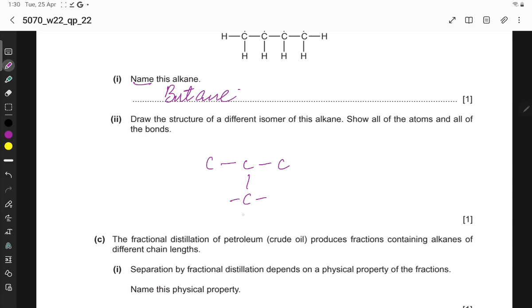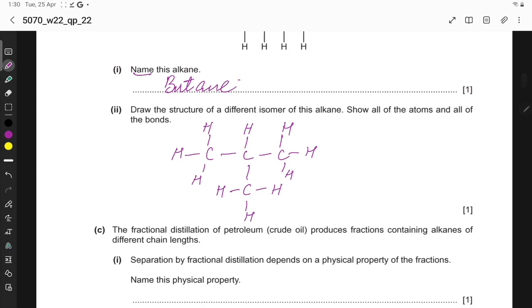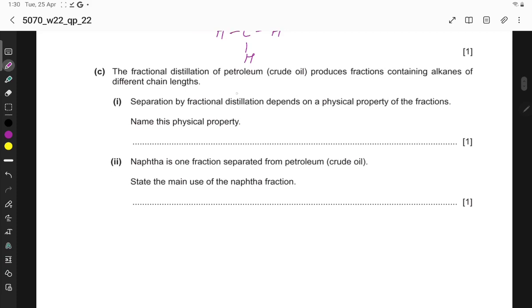So this is another structure of butane, C4H10, because isomers have the same molecular formula, different structural formula.